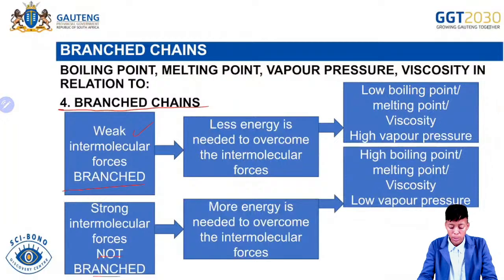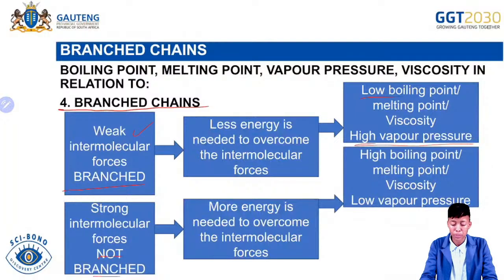If you have weak intermolecular forces, what does it mean about your energy? Less energy is needed to overcome the intermolecular forces. Then you'll have a low boiling point, melting point, and viscosity, but you are going to have a higher vapor pressure.